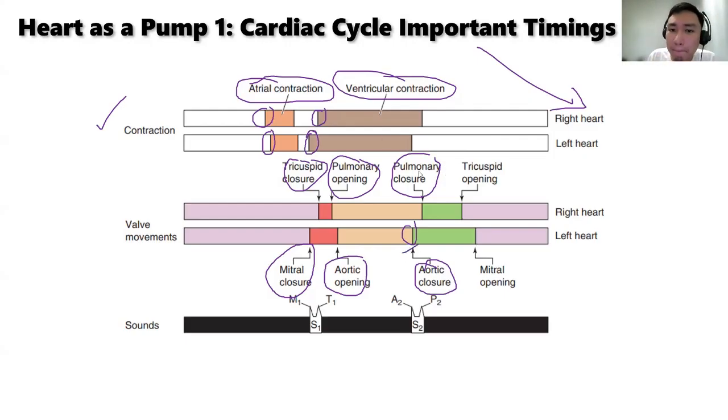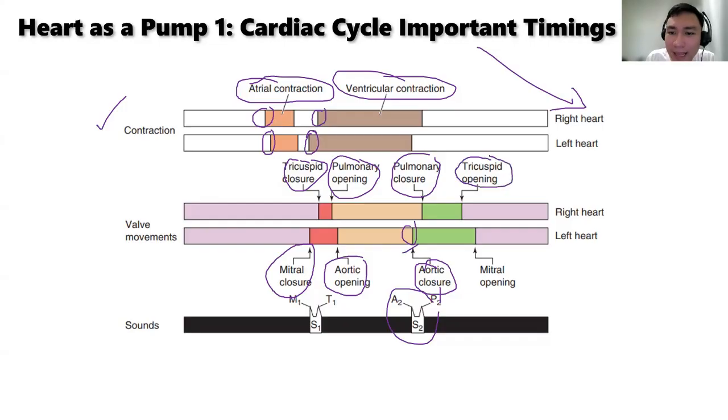Sa pulmonary circulation, hindi naman ganun kataas yung pressure, so hindi ganun kalakas yung backflow. And marami kang blood na pinapump, di ba, from the right ventricle to the lungs. So, mas kailangan mo rin ng more time before mag-close yung pulmonary valve. Di ba? So, mas malilate siya. And that causes your physiologic splitting of the second heart sound. Di ba? Kasi mauna mag-close yung aortic valve kaysa pulmonary valve.